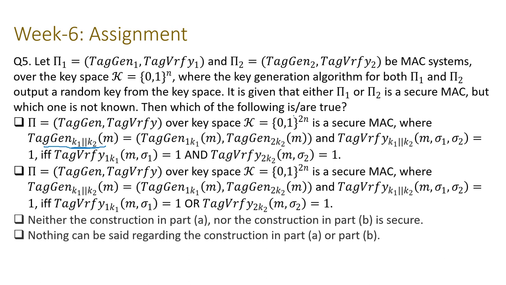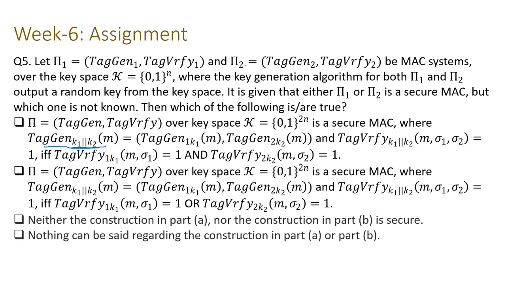And then verification works in this manner: given the message m and the two parts of the generated tag, sigma 1 and sigma 2, and k1 and k2 are known keys for the MAC system. So now the verification does this.